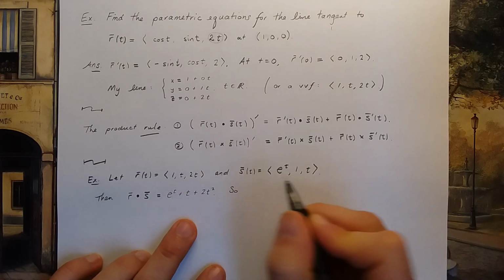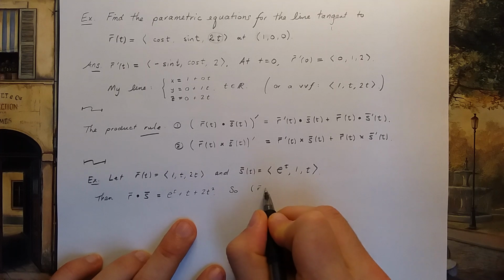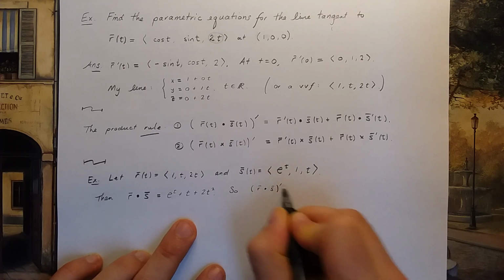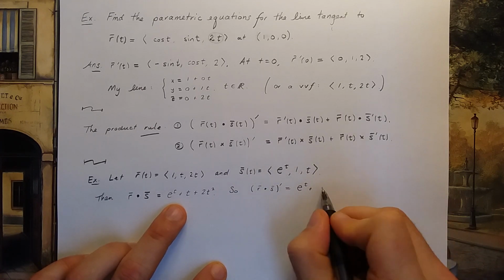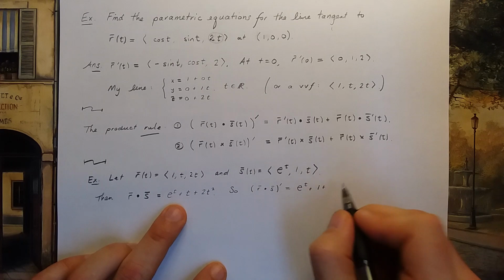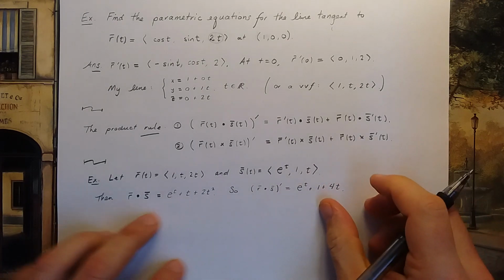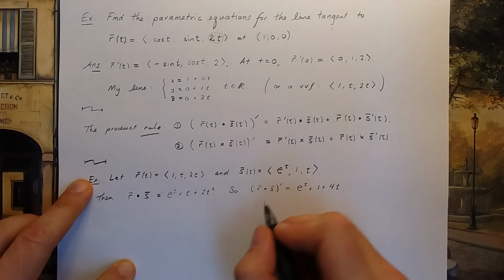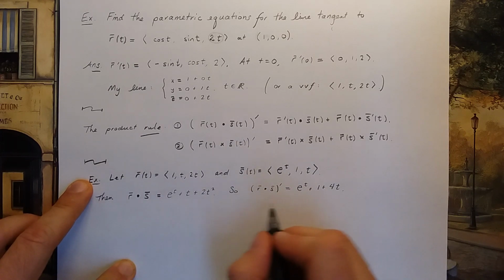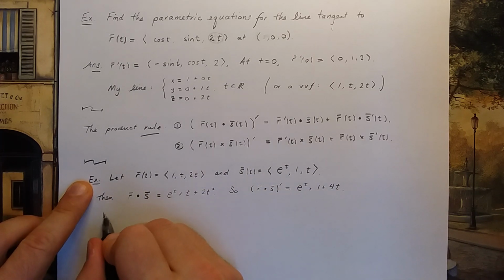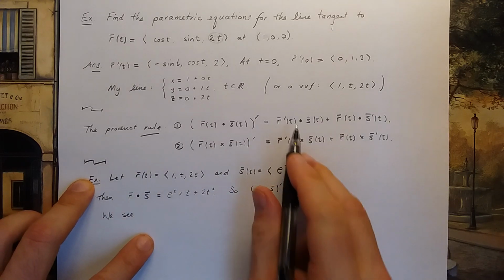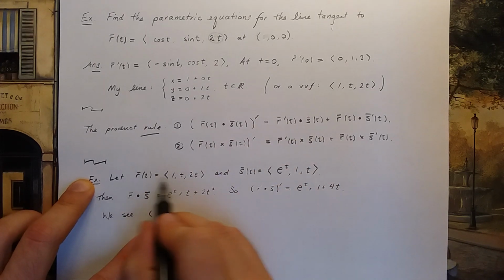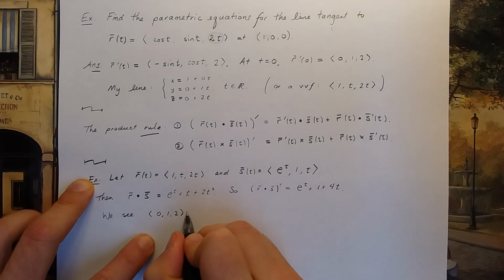So we see the derivative of r dot s is e to the t plus 1 plus 4t. On the other hand, what would happen if I did this calculation? r prime, the derivative of my vector-valued function, is (0, 1, 2), and I dot that with s.